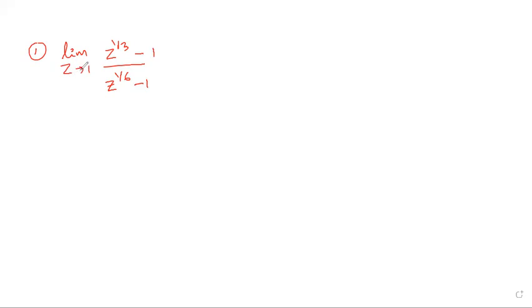Z is the variable here, and z reaches 1. Directly substituting z as 1: 1 to the power of whatever it may be is 1, so we get (1 - 1) / (1 - 1), which is 0 by 0.